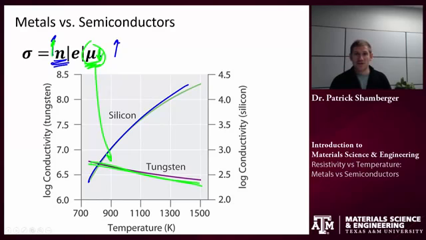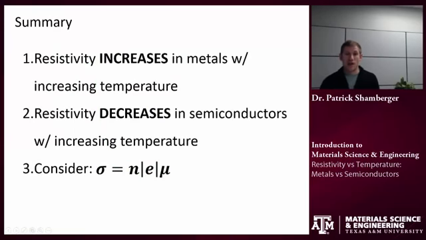And so that is going to cause the overall conductivity to decrease in the tungsten case. So both of them have the same trends in number of free carriers and mobility, but because the semiconductors are carrier starved, the impact of the increasing number of carriers is much more important than the impact of the decreasing mobility. In metals, I have that opposite process. Okay, so in summary, resistivity is going to increase in metals as I increase the temperature.